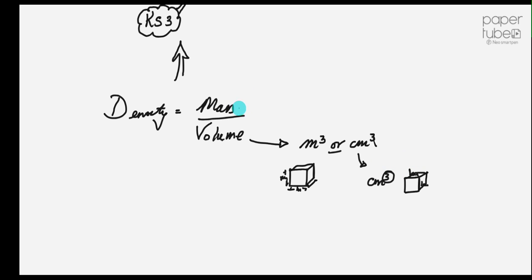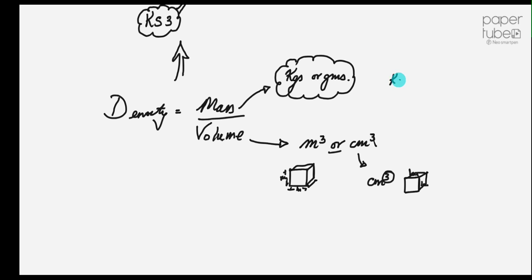So mass is measured either in kilograms or grams. Those are the two units that you have for that. So the units of density can be kilograms per metre cubed.